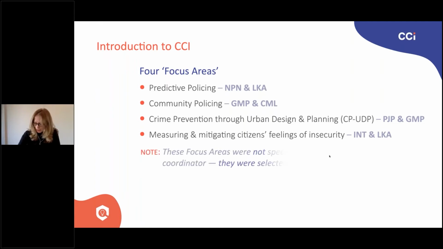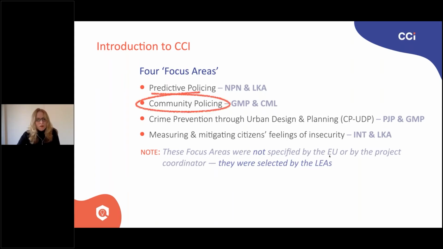Most importantly, what I would like to say is that these focus areas were not actually specified by the EU, nor were they chosen by us as the coordinator. They were actually areas selected by the LEAs themselves. And I think our project is quite unusual in actually addressing 4 different areas within a single project. But the area that we'd like to talk about more today is community policing.